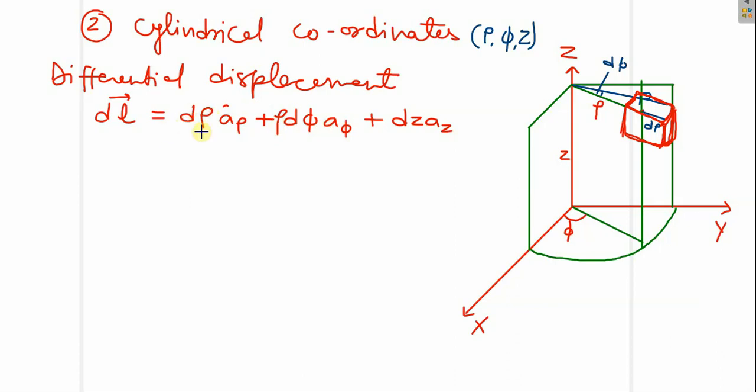So it is d rho a rho, rho d phi a phi, and dz az.